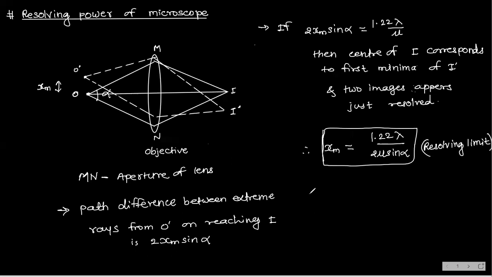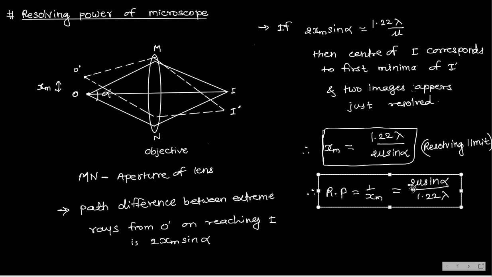Resolving limit. And next one, resolving power is equal to 1 by xm, which is equal to 2 mu sine of alpha divided by 1.22 lambda. In this formula, the terms which are involved are very important.